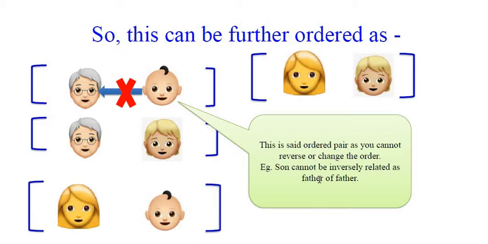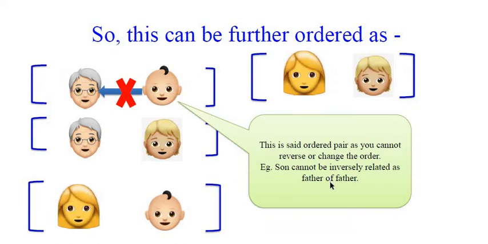For example, son cannot be inversely related to father. So here this is an ordered pair, from higher hierarchy to lower hierarchy. Any ordered pair is not always reversible, okay?